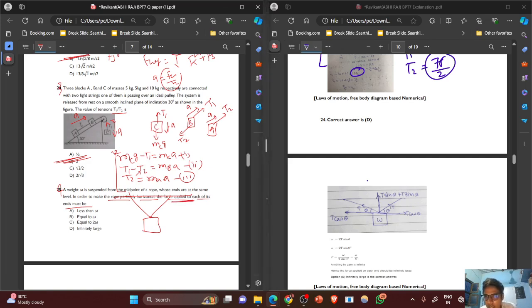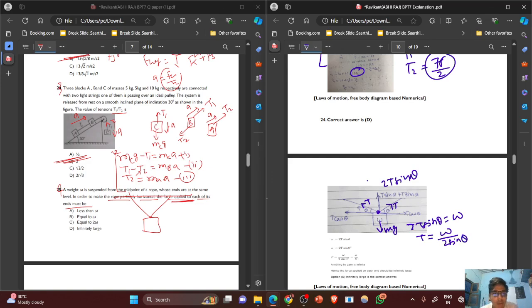Now, as you can see in this figure, if T is the tension here, T is the tension here, theta is here, then you can see that in the vertical direction this will be 2T sin theta, and it equals your weight W. So 2T sin theta equals W, which is your weight. So tension will be W upon 2 sin theta.